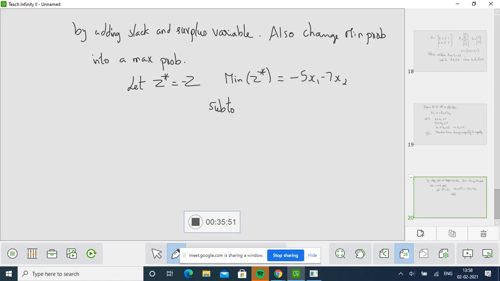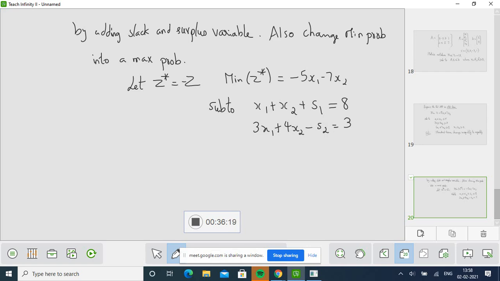In the constraints, subject to, come to the first constraint, it is less than or equal to, so I will have x1 plus x2 plus s1 equal to 8. The second constraint is greater than or equal to, so 3x1 plus 4x2 minus s2 equal to 3.